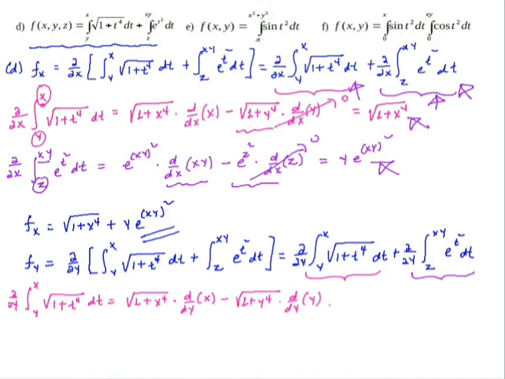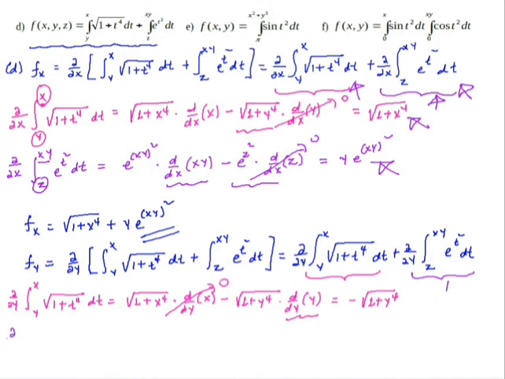Okay, so this term here is 0. This term is 1. Therefore this result is minus radical 1 plus y to the power of 4. Again, what do we do? We come here and evaluate this integral.